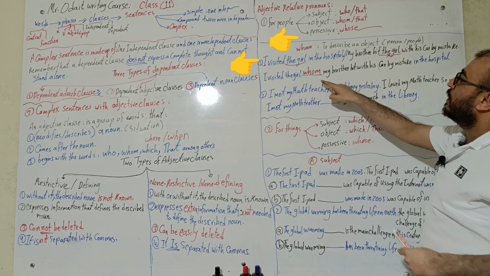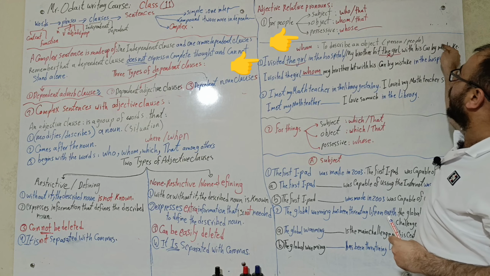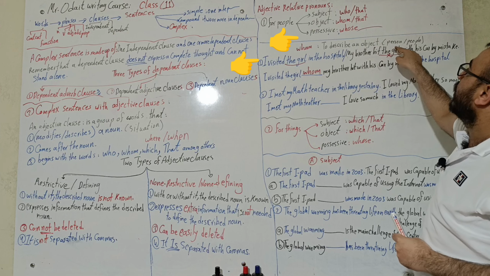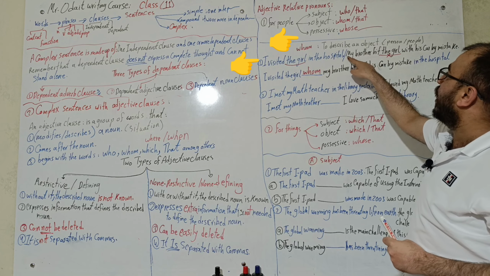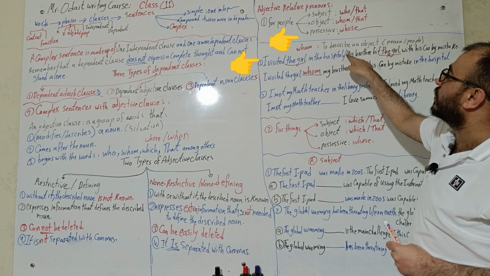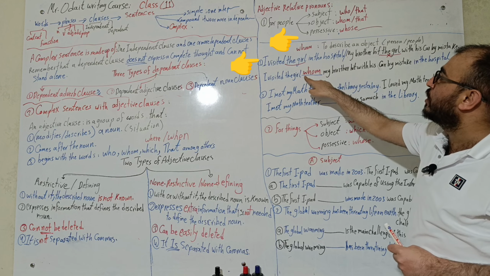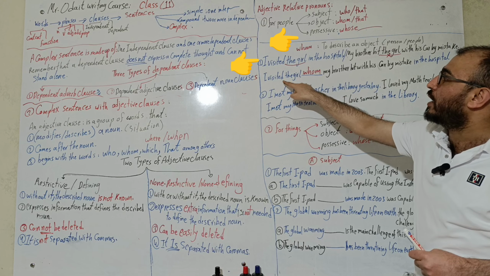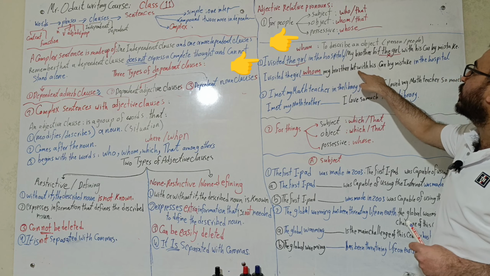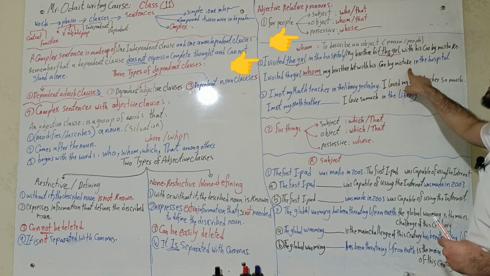Here I leave a space. Then I start transferring the other independent clause, but I will delete the repeated object and I start the other dependent clause with a relative pronoun. I write: I visited the girl whom my brother hit with his car by mistake.